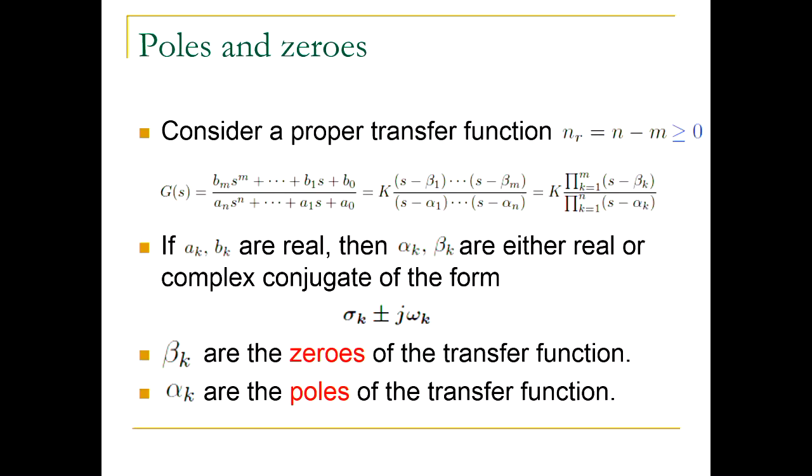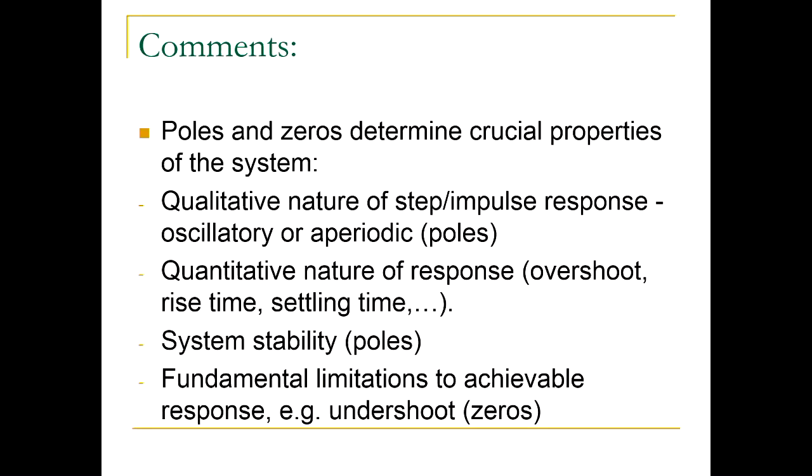But both zeros and poles affect what sort of impulse response we would get, because the impulse response would be a sum of responses corresponding to each of the poles. So basically the qualitative nature, whether you have a sinusoidal response, whether you get a periodic response, would depend on poles and zeros of the system.